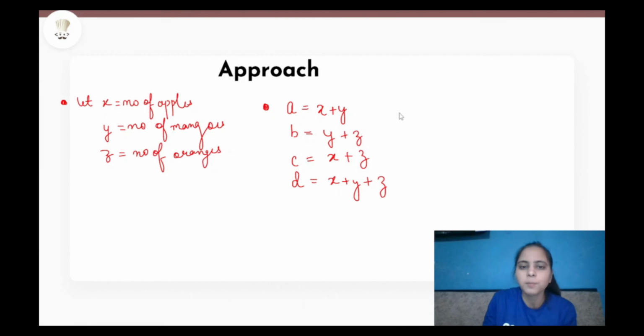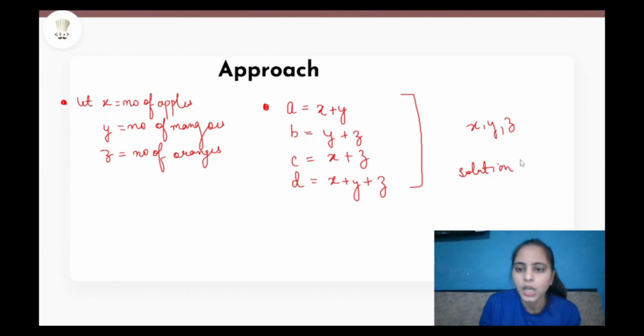Now our problem simply boils down to this set of equations in which we have to find the values of x, y and z separately. We can find these values using these equations, and in the constraints it is given that the solution is always going to exist.